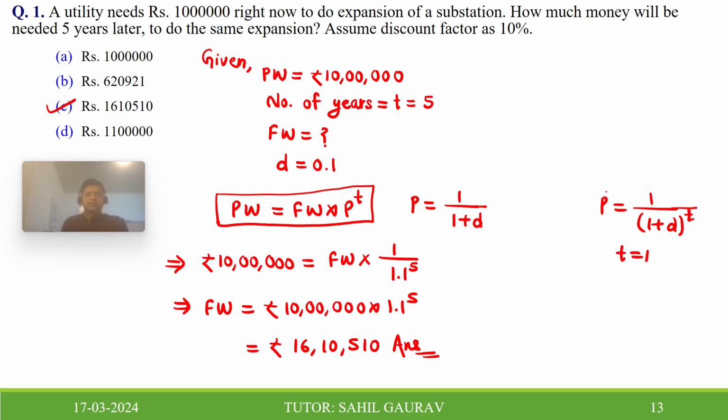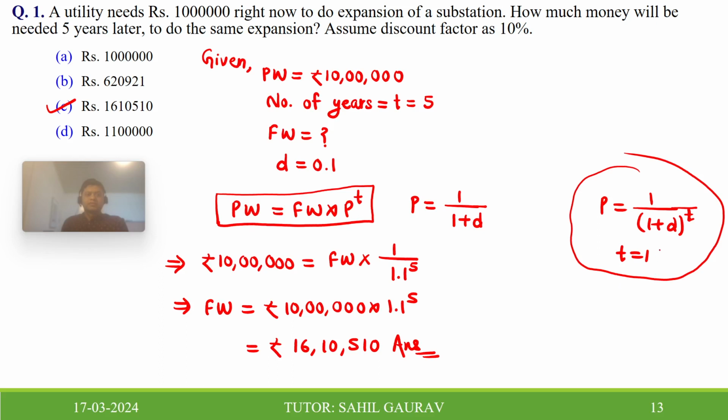At that time they are defining the value of money after 1 year. If you take t more than 1, it is the generalized form. So for the value of money after a certain year, you can find the future worth of money.